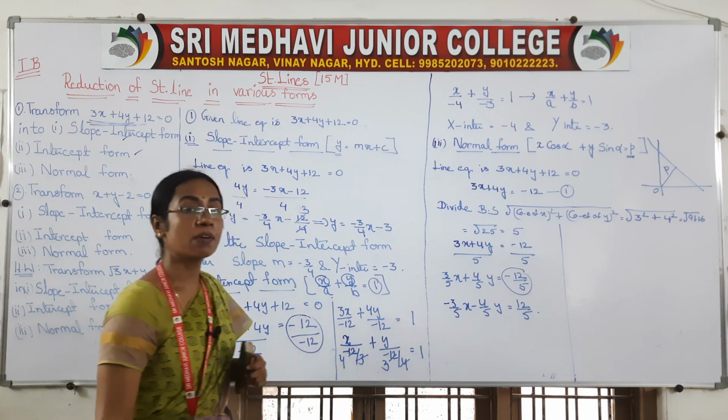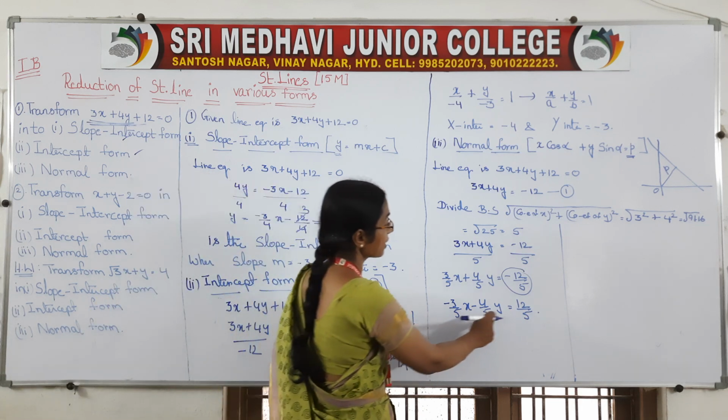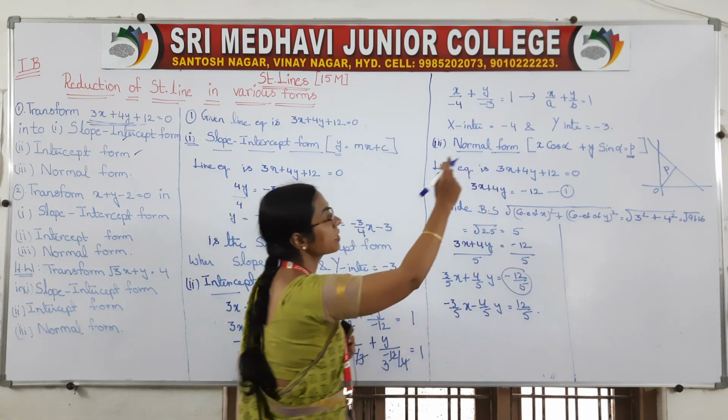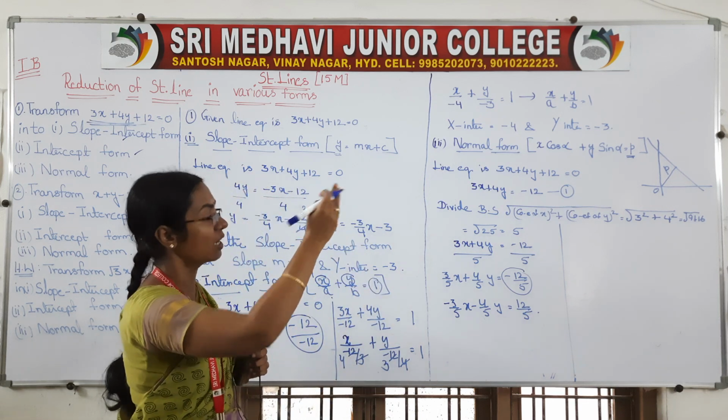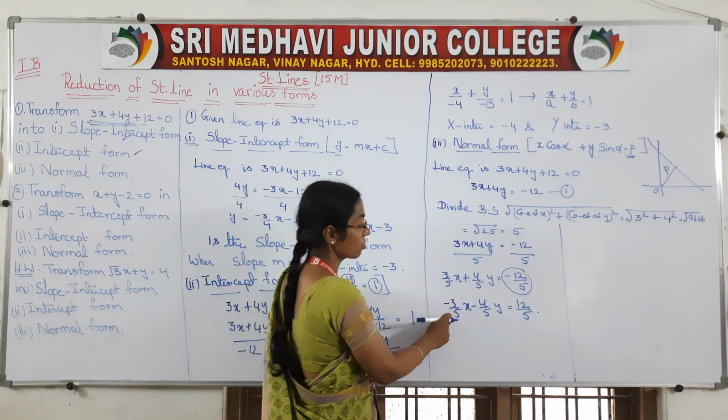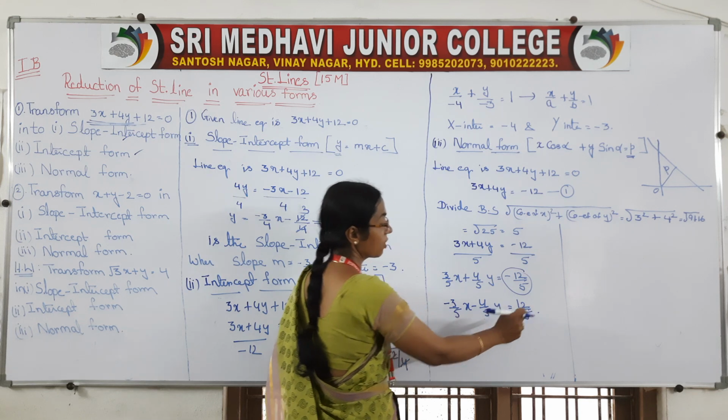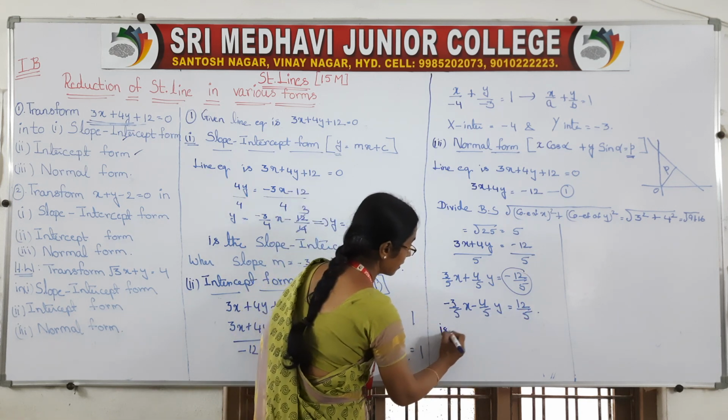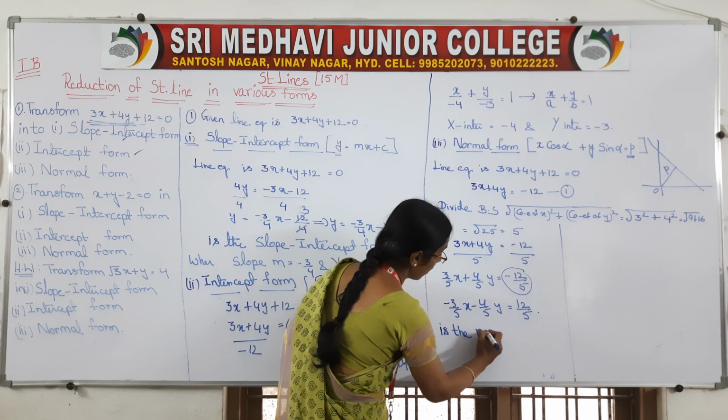So this is your normal form, which is exactly in the form x into some value, y into some value is equal to p. That is the normal form.